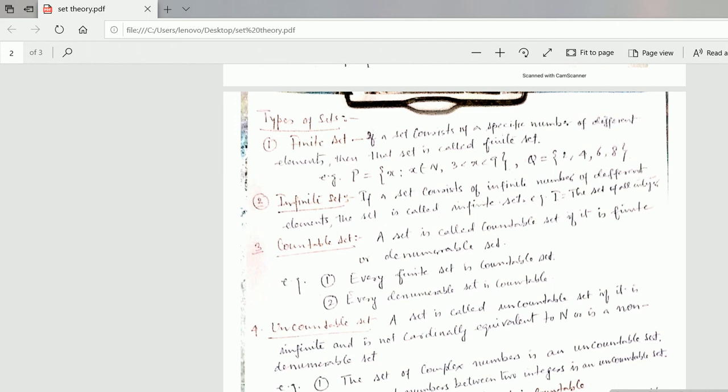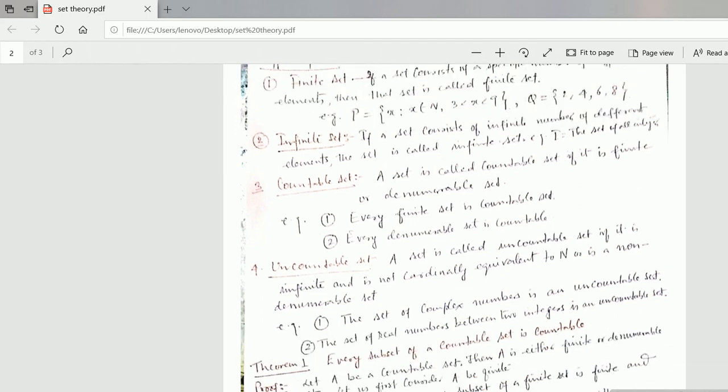These are finite sets. Infinite set: if a set consists of an infinite number of different elements, the set is called an infinite set. For example, I is equal to the set of all integers. The set of all integers is an example of an infinite set.